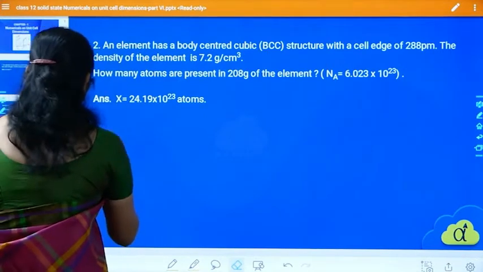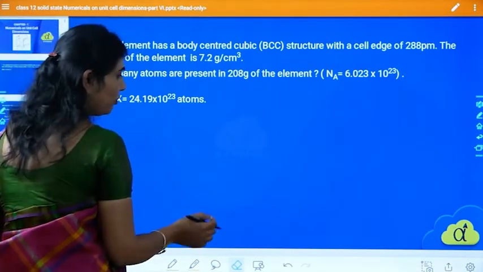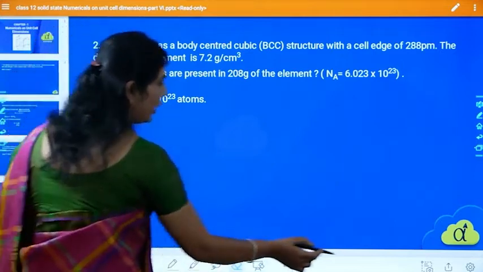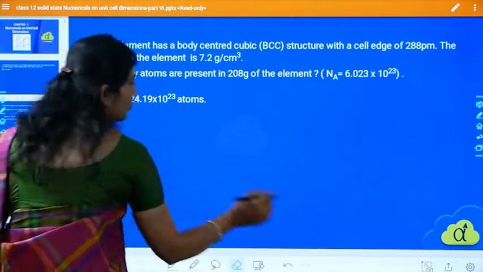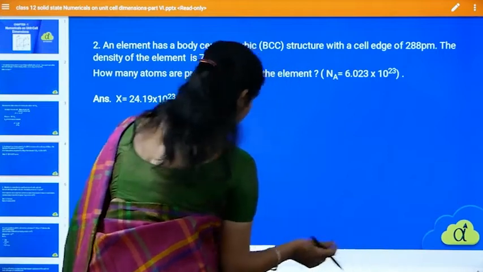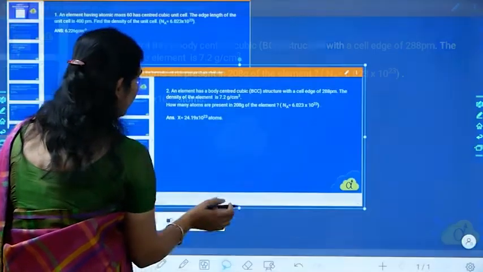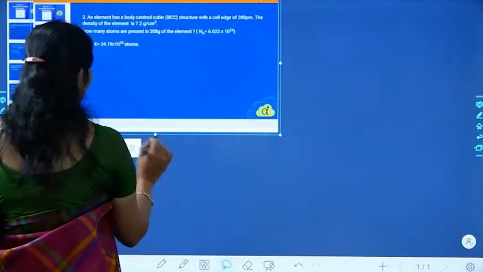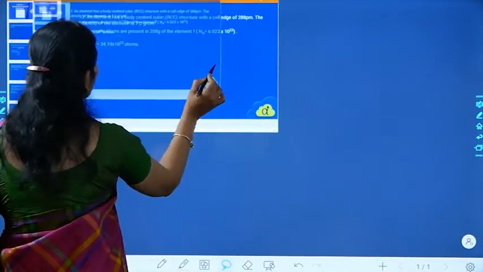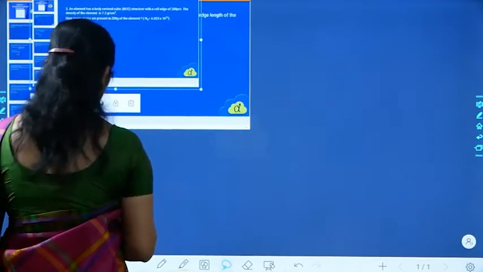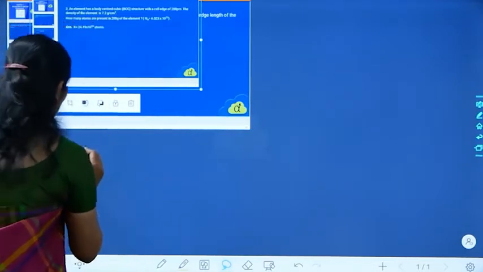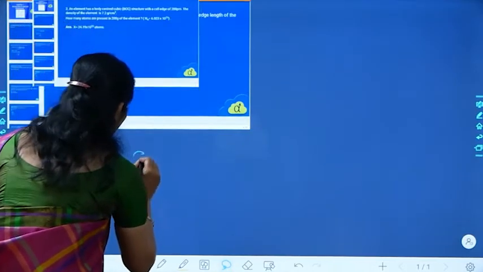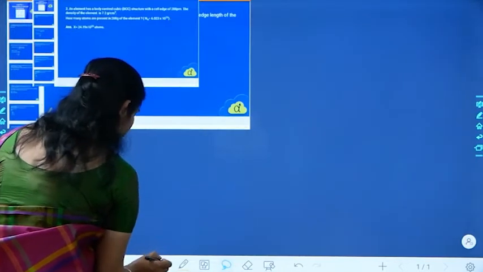See here, again the formula. Same formula you have to write. You know very well, D, density, is equal to, right?